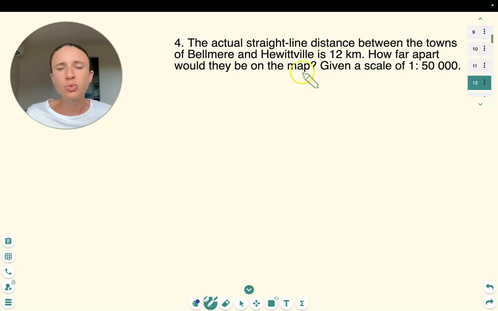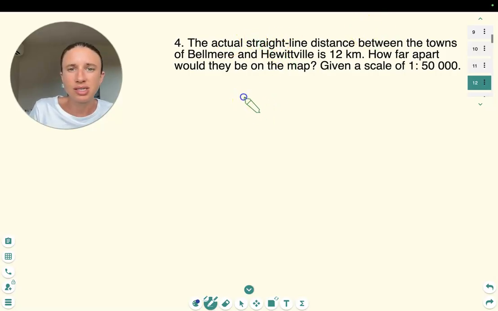Next bit, the actual straight line distance between the towns of Belmere and Hewittville is 12 kilometers. How far apart would they be on the map, given a scale of 1:50,000? Okay, so looking at some key things, we just want to make a data table as a start. The actual distance is given. So I'm just going to write that.